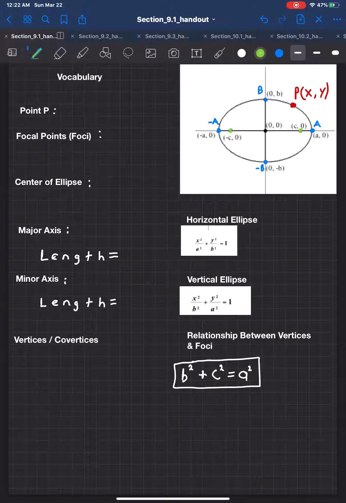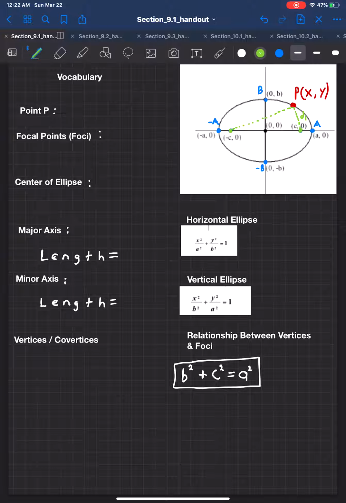So when they say in that definition, the set of all points, the sum of whose distance from 2 points is the same, what they mean is, look, point P, this point in red, is for sure on the ellipse. The distance from point P to the first focal point, we'll label D sub 1.